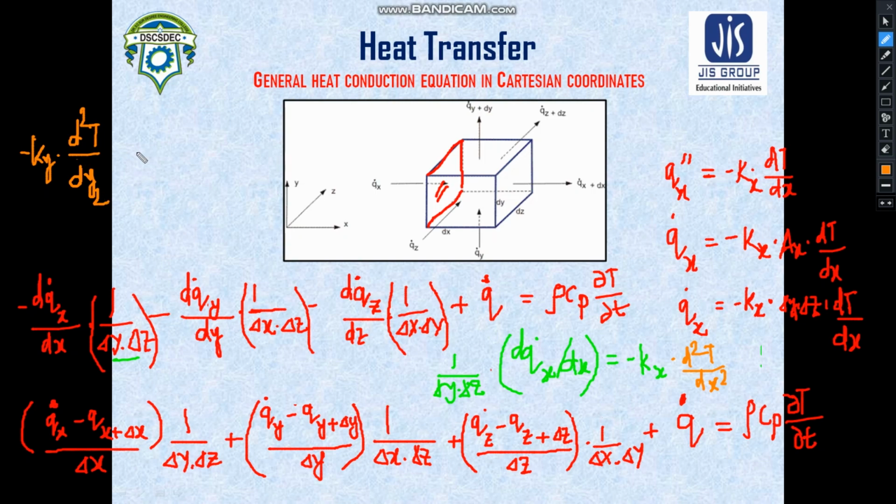And for z, it will be kz into d2T/dz2. I'm very sorry that I have taken this 2 as the suffix. Okay, so this value ultimately reduces to minus kx into d2T/dx2.